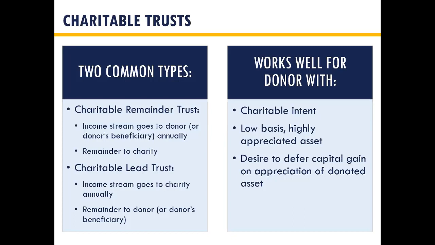The net income trust might be a situation where a person has $15 million in farmland and it's low basis, but it's going to be harder to sell.